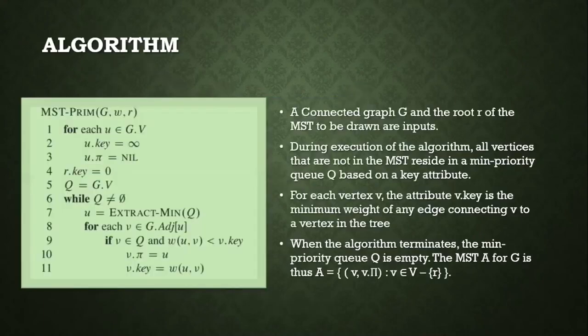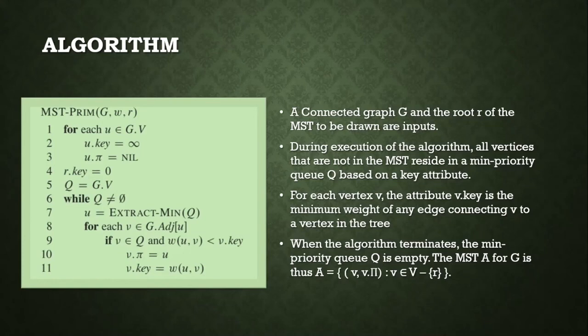And now we are going to start the algorithm. First, there is an MST-Prim function at the start. For each u belongs to G.V, where u is a vertex, initially all the keys, meaning the weights of all the vertices, will be infinity, and u.pi, meaning the parent, is nil, because at first nobody has any parents.